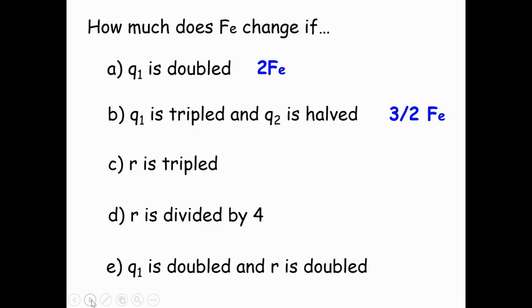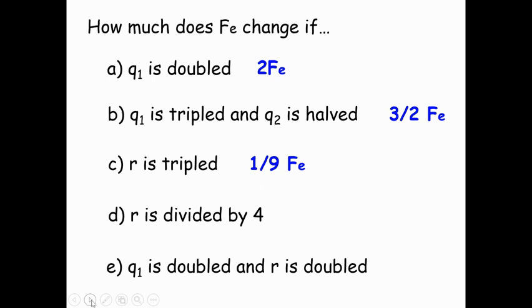Again, that's a direct linear relationship with both charges. Question C, if distance r is tripled, electrostatic force will be divided by a factor of 9. So if the distance of separation of the two charges increases by a factor of 3, the force between them will decrease by that factor squared, and 3 squared gives us the 9.